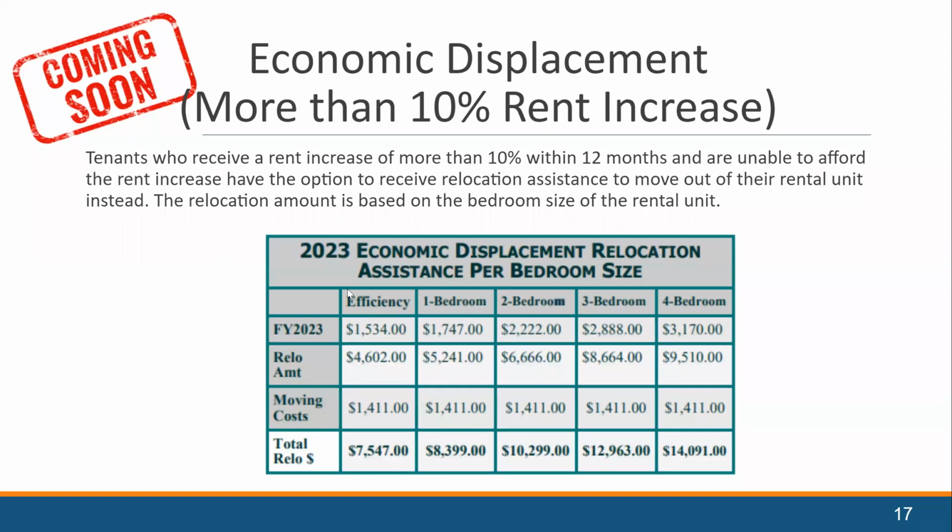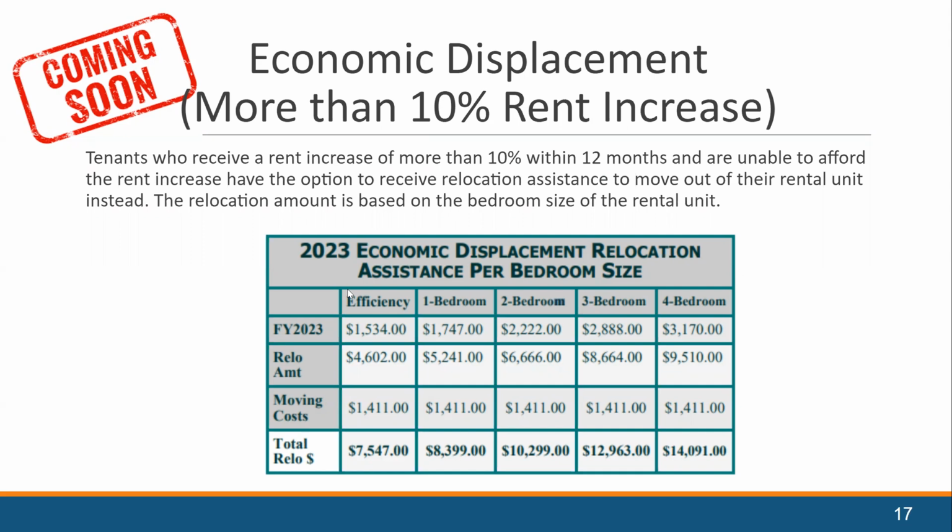If a landlord increases the rent more than 10% over the span of a 12-month period for a particular unit, then the tenant has the option to either pay the increase, or they can choose to move out of the unit in exchange for relocation assistance.